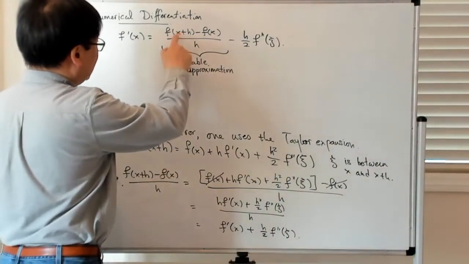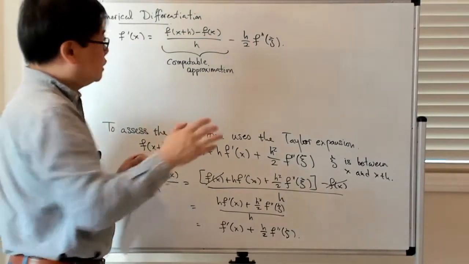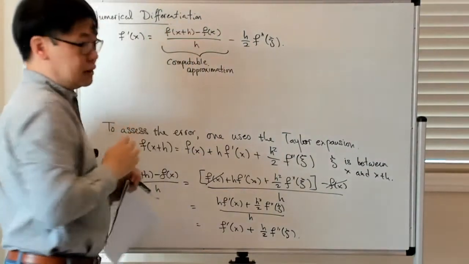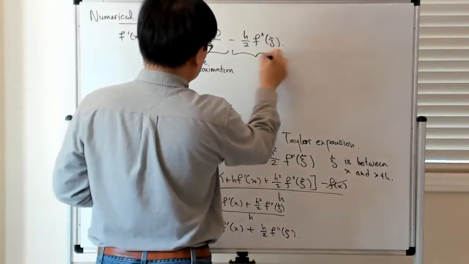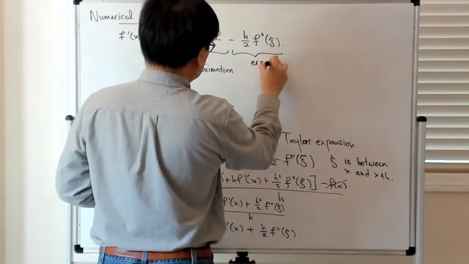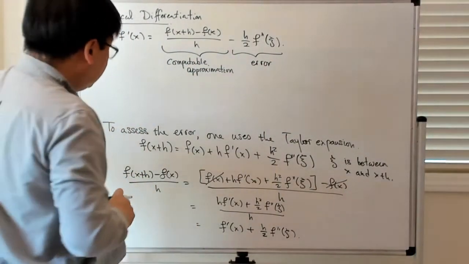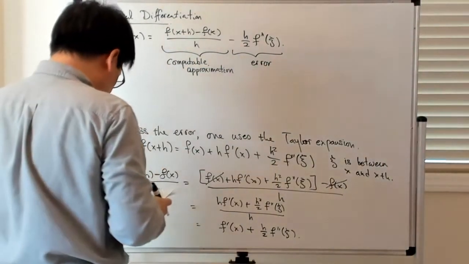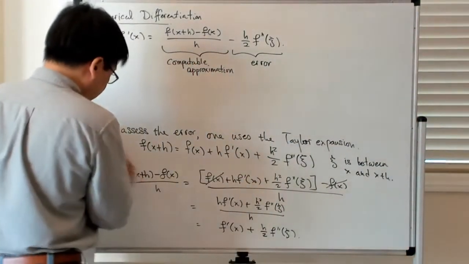In particular, I can choose to evaluate f at x plus h and at x, and then use that to compute this computable object here. And then this thing here is the error you introduce when you replace f prime with this computable approximation. Okay. All right.